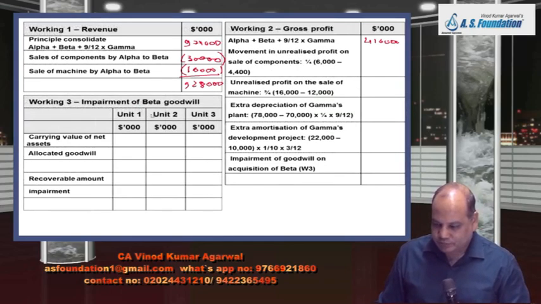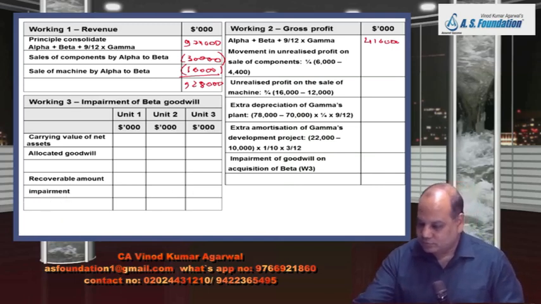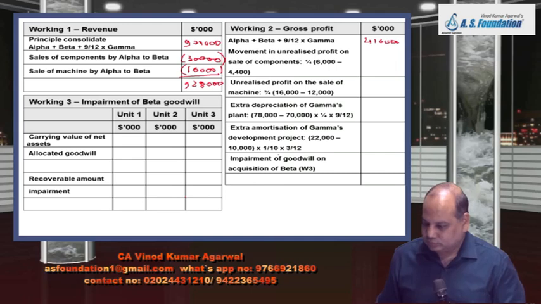Impairment loss. Have you computed this impairment loss? How much was that? 10,000? So write here 10,000 in bracket.